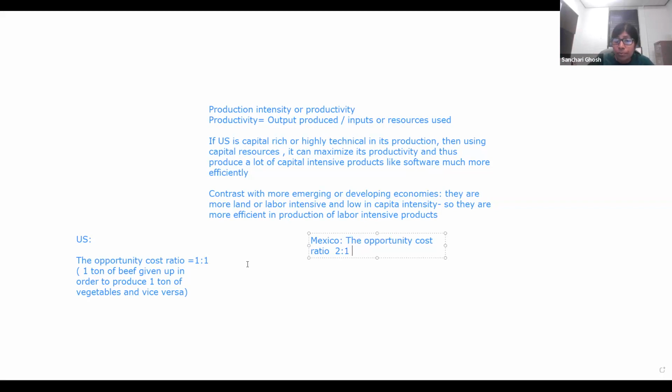So if you compare and contrast these situations, 2 tons of vegetables must be given up in order to produce 1 ton of beef. Obviously Mexico has a higher opportunity cost in terms of beef production.